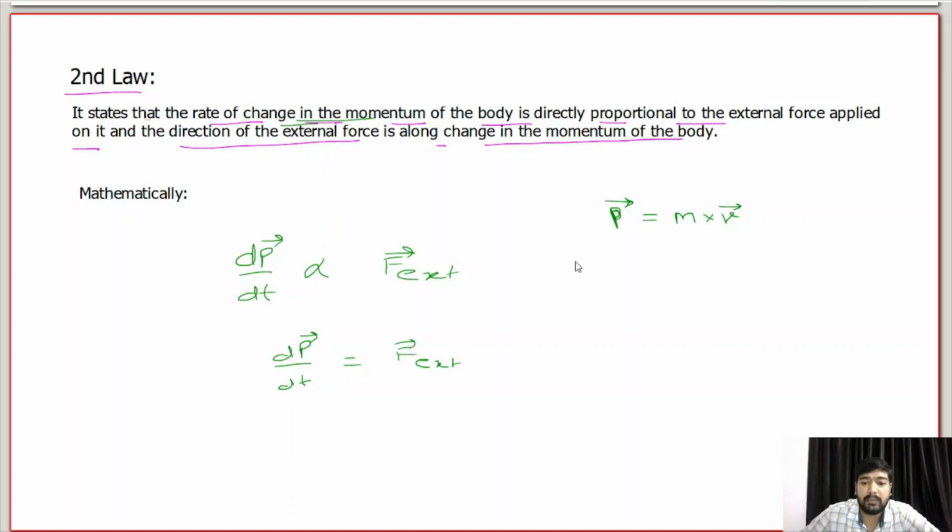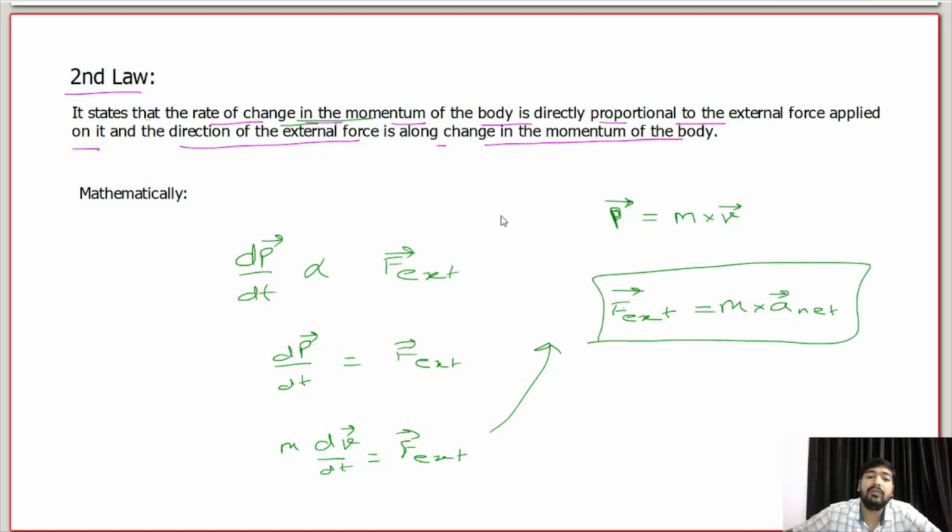Let me elaborate on this. I will put the value of p here. Mass is constant, so it will not get differentiated. And from here we get that the force equals mass into this term we have seen, which is the acceleration, the net acceleration of the body.